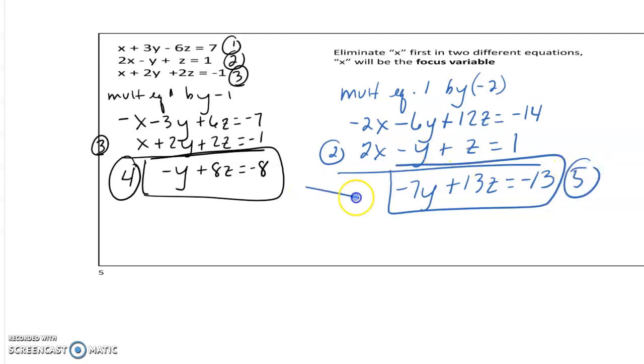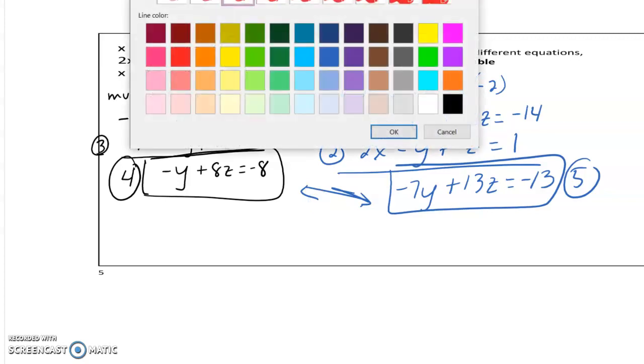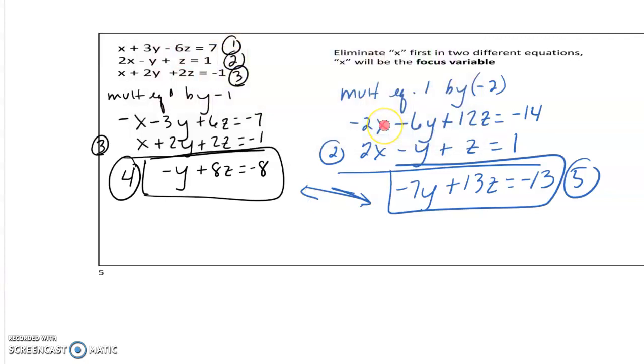So again, I'm only going to work with these two from now on until I get to the last step. If I look at these two equations, I could multiply this by 13 and this by a negative 8, but let's not get big numbers. So if I just multiply equation 4 by a negative 7, then this would make a positive 7y, and this would be a negative 7y.